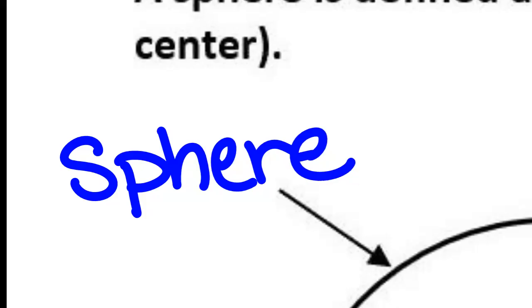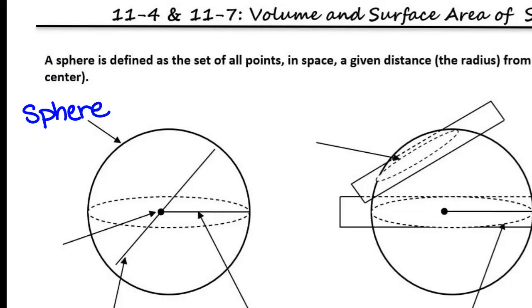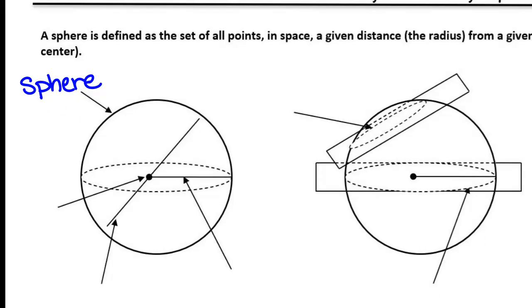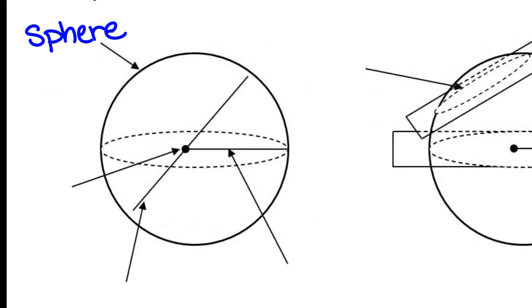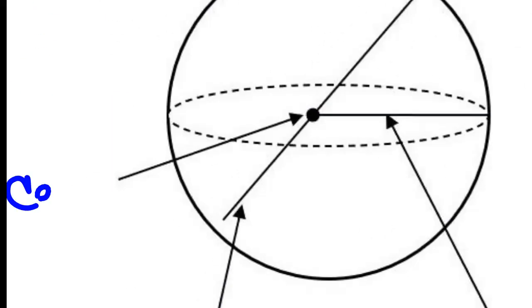A sphere is defined as the set of all points in space, a given distance, the radius, from a given point, the center. So on my sphere, this arrow is pointing to the center.